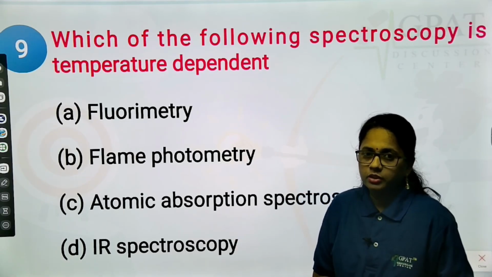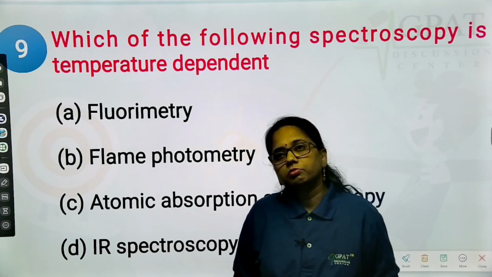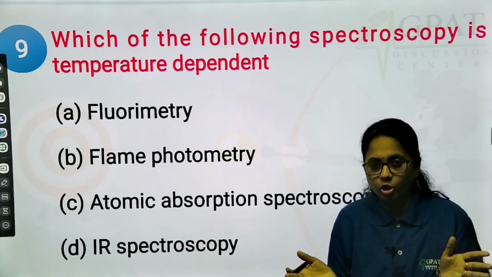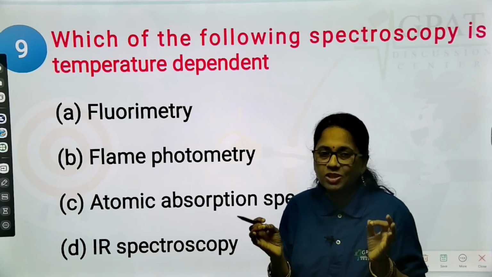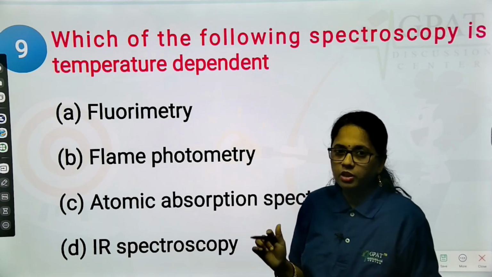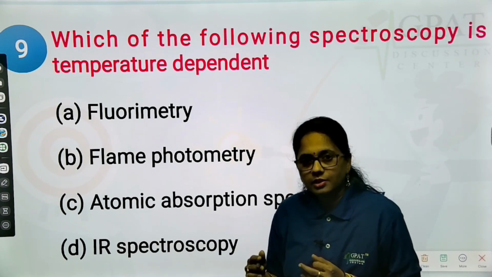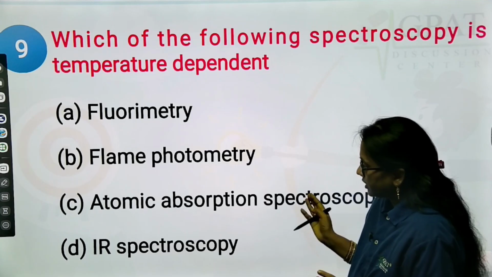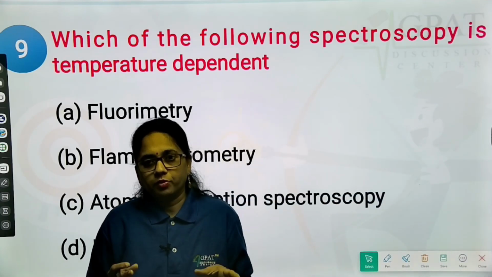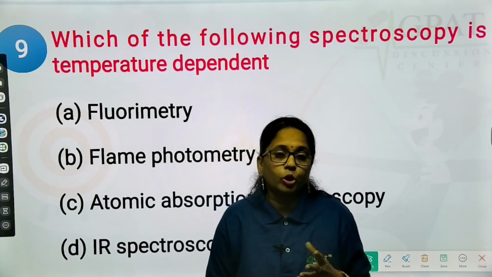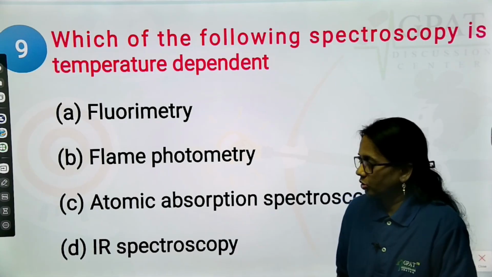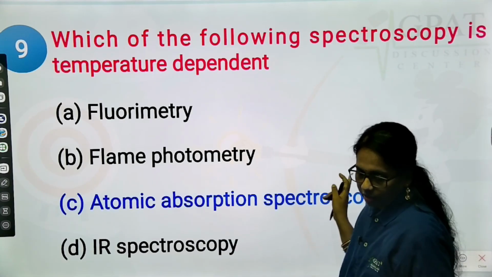If you perform at 20 degrees and 25 degrees centigrade, IR spectroscopy does not give much variable results, and fluorimetry and flame photometry show the same conditions. But in atomic absorption spectroscopy, by changing the flame temperature, the fuel and oxidant ratio, high and low temperatures, you see different atomization processes. So that's why C is going to be the right answer.